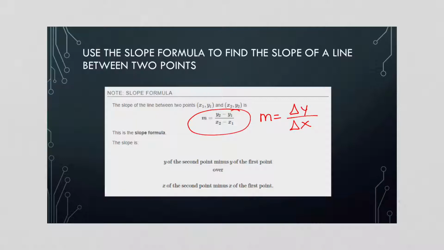Keep in mind these subscripts are names. That does not mean you multiply anything by 2 or 1. They are names. So what this really means, the numerator means the y-coordinate of your second point minus the y-coordinate of your first point. All that is over the x-coordinate of your second point minus the x-coordinate of your first point.